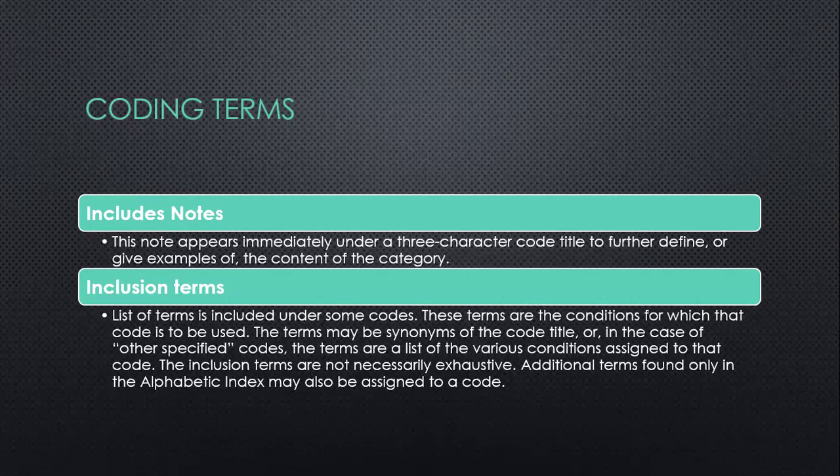The inclusion terms are not necessarily exhaustive, which means it may not be every available option, but it's telling you to see these as examples you can use that are inclusive to this term. Additional terms found only in the alphabetic index may also be assigned to a code.